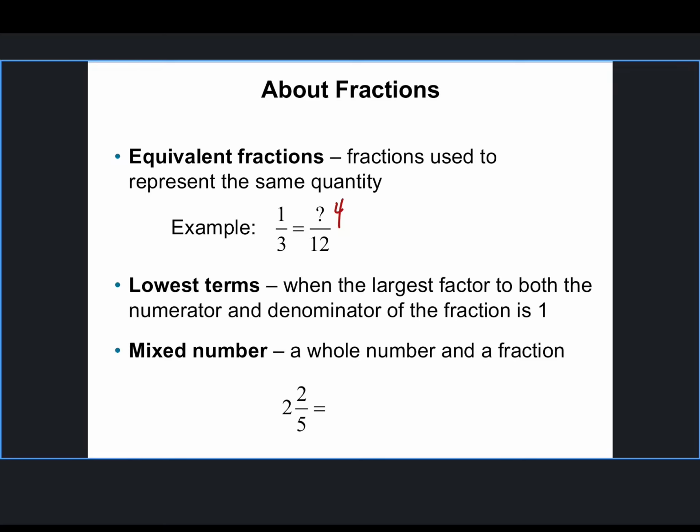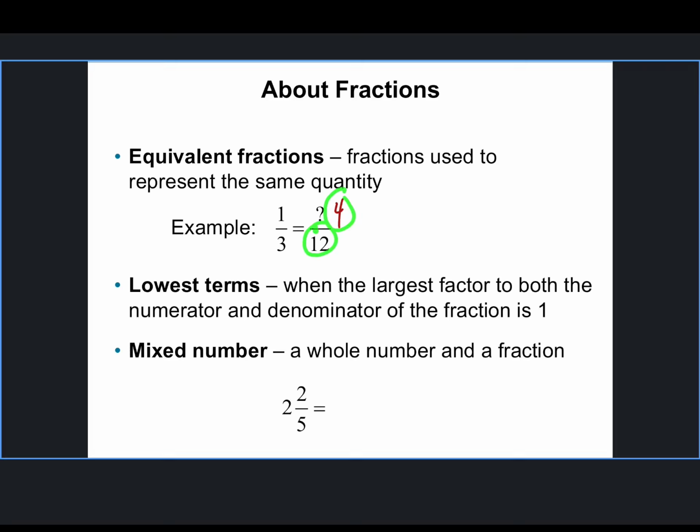Now, if we look at the next definition, lowest terms, that's when the largest factor that the numerator and denominator have in common is 1. So if we look at 4 twelfths, do they have a factor in common other than 1? They do, right? They have a 4 in common.